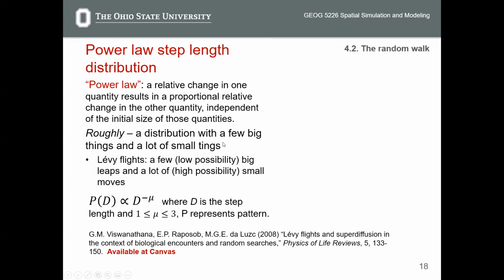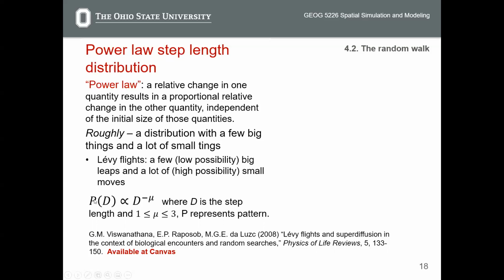This is exactly what Levy flights show us: a lot of small steps with a limited number of big steps. So Levy flights have a few low probability big leaps and a lot of high probability small moves.